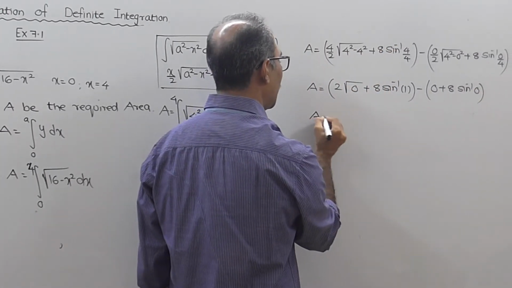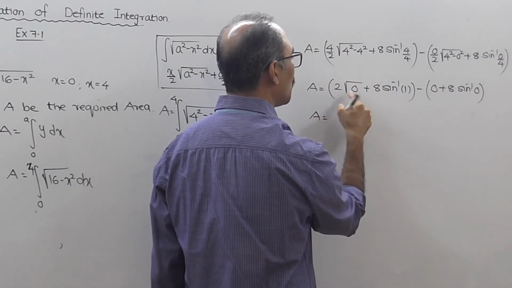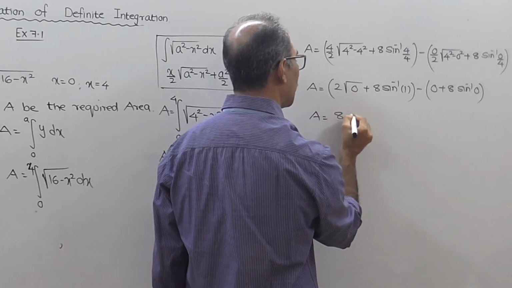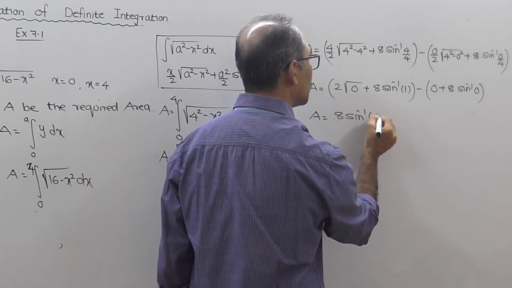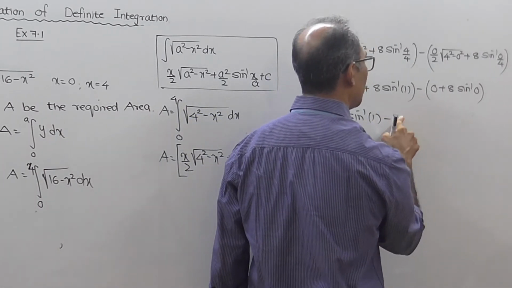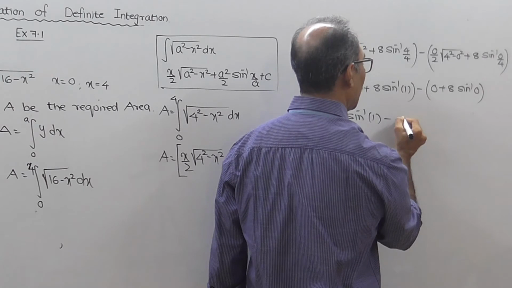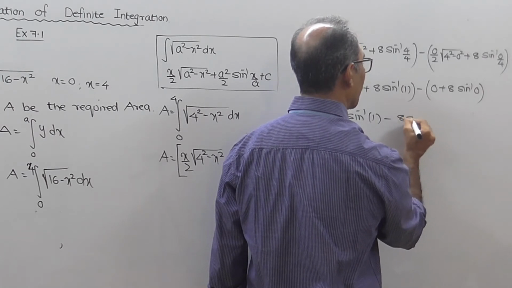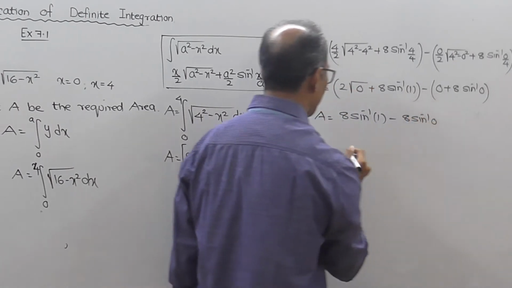So this is area equal to 2 into root of 0 is 0, 0 plus 8 sine inverse of 1 minus 0 plus 8 is 8 with sine inverse of 0.